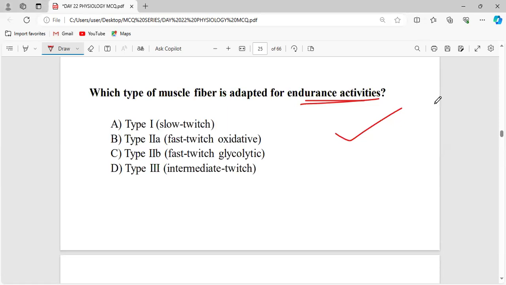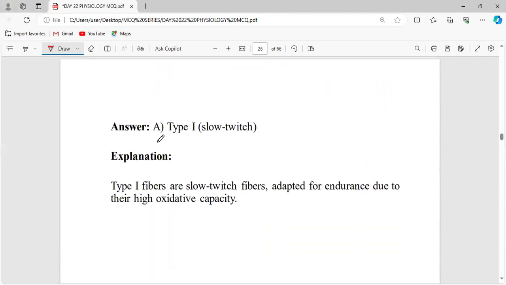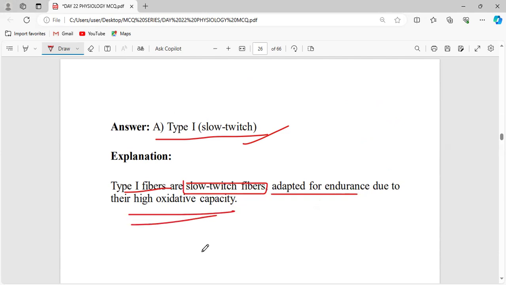During an exercise, we are in need of what? That will be type 1 slow twitch. Type 1 fibers, the slow twitch fibers, are adapted for endurance due to high oxidative capacity. During the exercise, we are in need of higher oxygen.